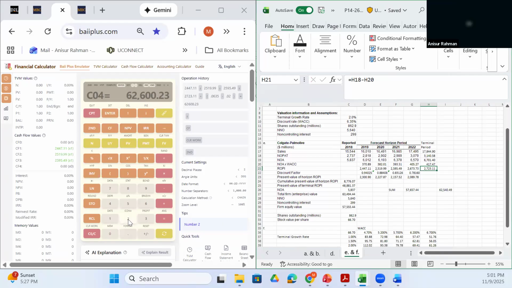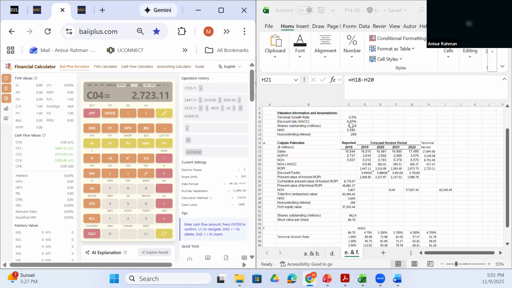Let me do it again. 2723.11 divided by, so 6.35 minus 2, which will be 4.35%, 0.0435, equal to. Probably it is because of the decimal point. Okay, so we have this number at the end of 2022.